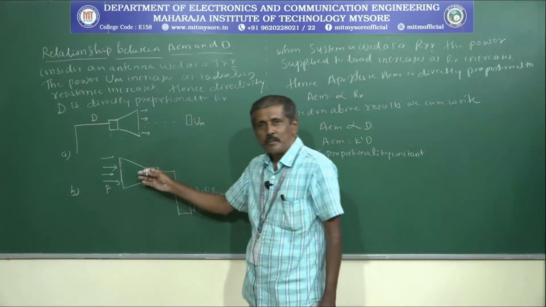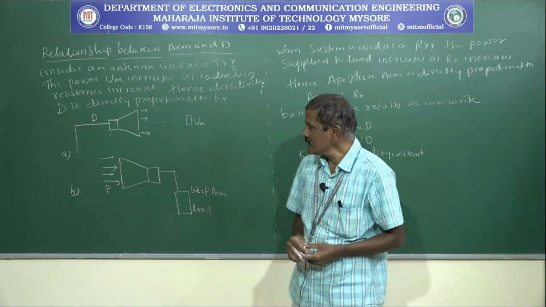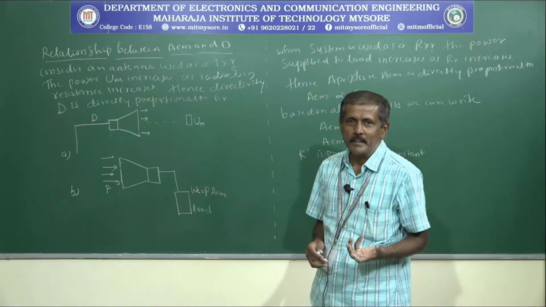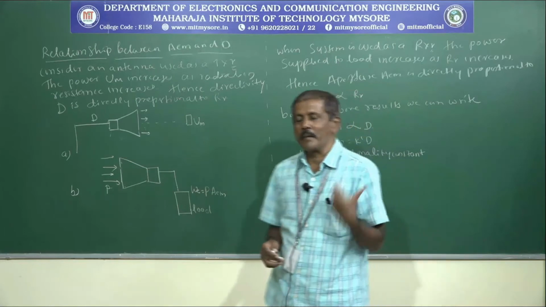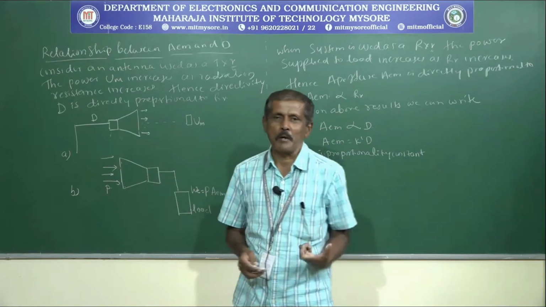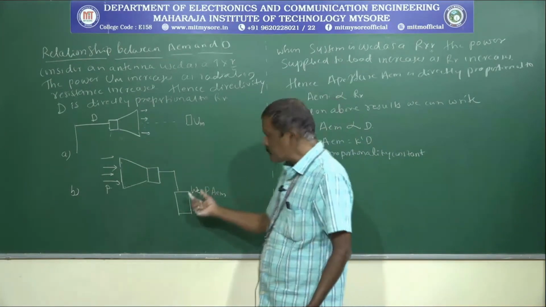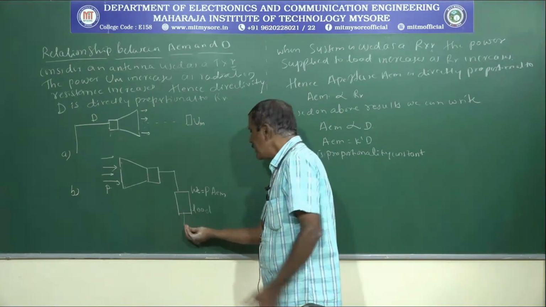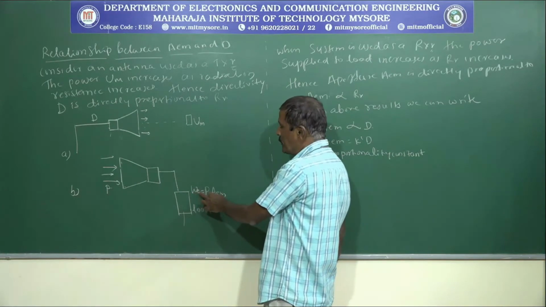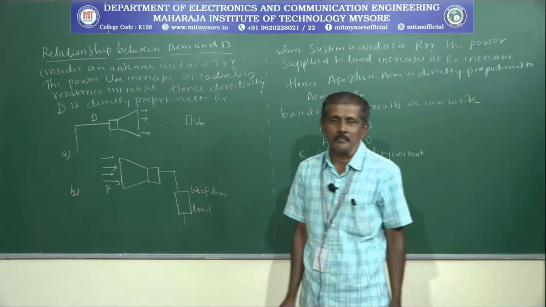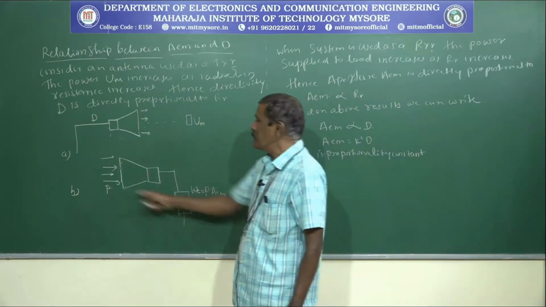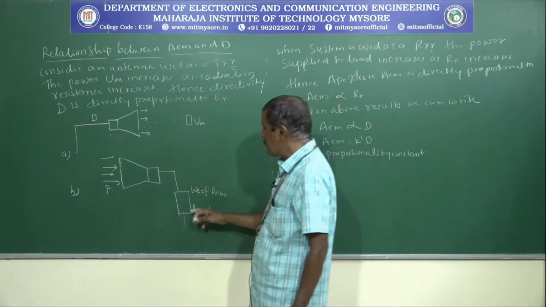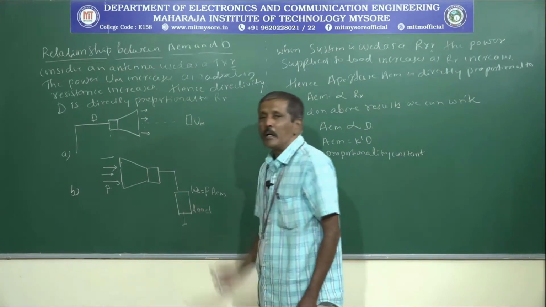As you have seen in the previous classes, some amount of the power will be wasted, either in the form of scattering or in the form of heat, and only the useful power will be delivered to the load, and this is the load we are having. The useful power delivered to the load will be equal to P into AM, where P is the power density.